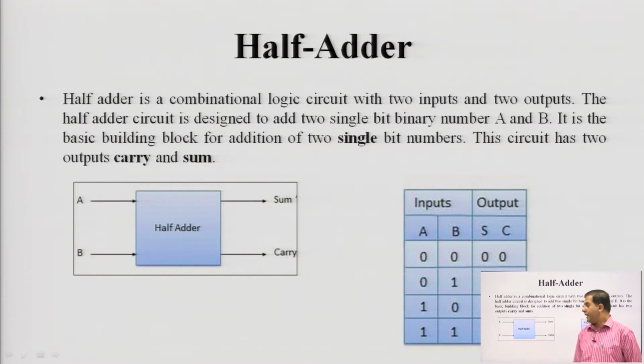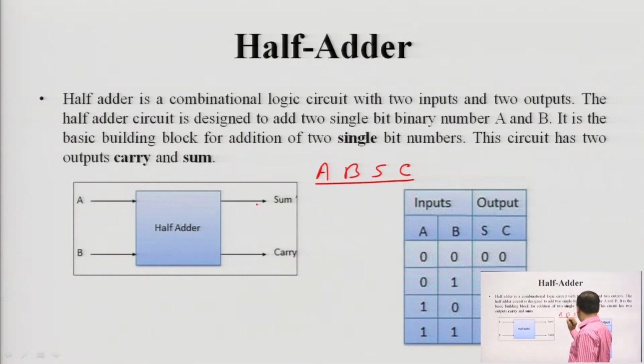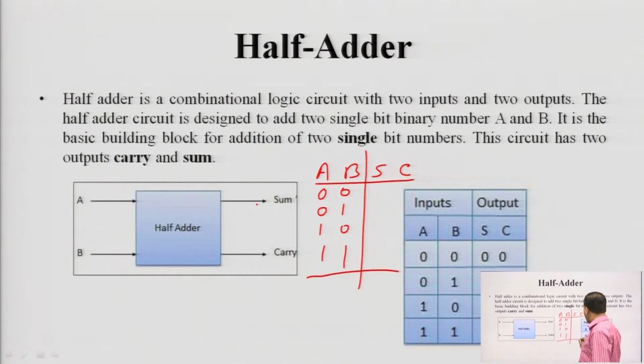Okay. So, let us see the block diagram of the half adder. Here we have 2 inputs A and B and 2 outputs, sum and carry. Suppose we are having A and B. If we do binary addition, 2 inputs give 4 combinations: 0 0, 0 1, 1 0 and 1 1. If we add 0 0 according to binary addition rules, sum will be 0, carry will be 0.